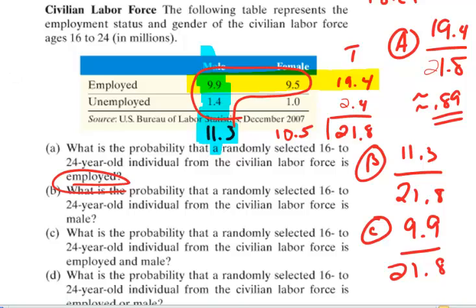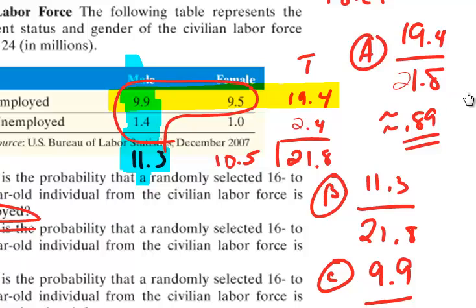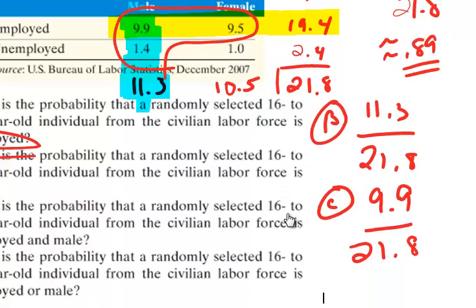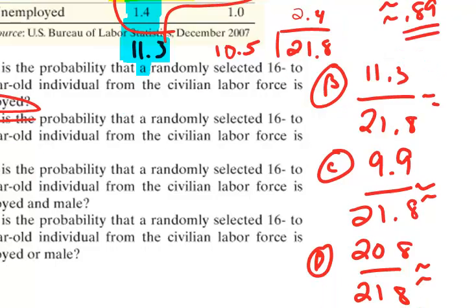We could have done it a little bit easier, right? There's only one cell that does not fit, so we could have subtracted 1 from the total. It ends up being 20.8. So for part D, 20.8 divided by my total of 21.8. And again, we should be getting decimal equivalents for each of these. Okay, let's do one more.